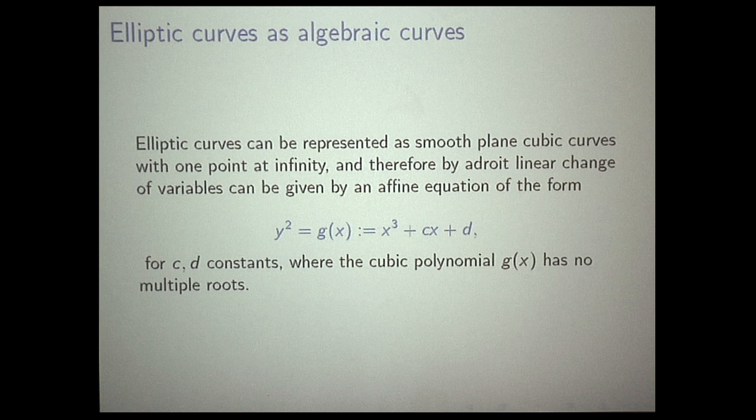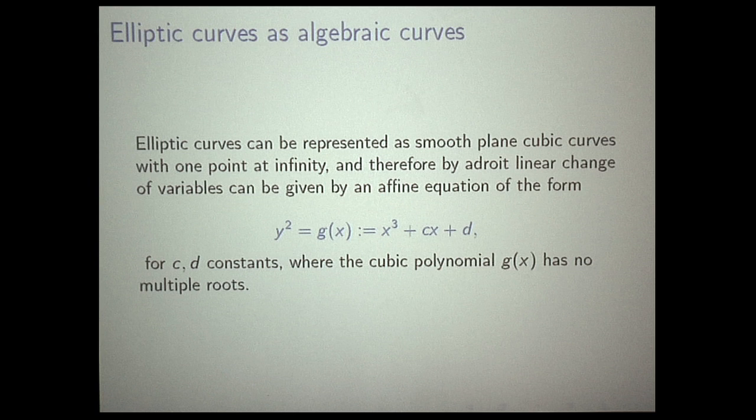Okay. Now a few moments about elliptic curves, just to remind people what they are. They're smooth plane cubic curves, and usually you want a rational point for them, and very often you put that rational point at infinity.